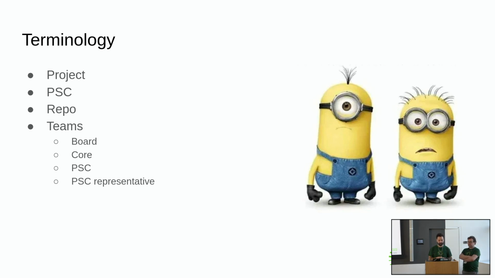So we have projects that are tied to a macro area like accounting and logistics and stuff like that. A PSC, which originally was meant to be a project steering committee, meaning a committee meant to drive a project, like the evolution of accounting, the evolution of logistics, and so forth. The repo itself, what you find on GitHub, and then we have teams that are used to manage the access, the permissions, to each of the repositories.